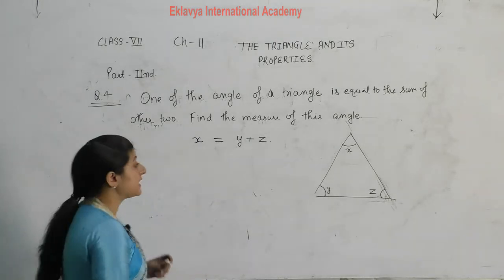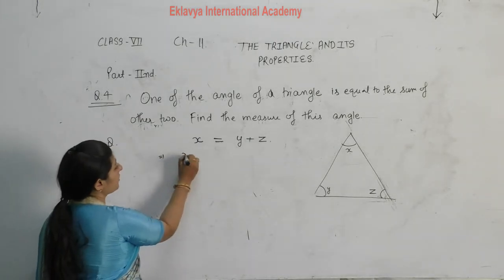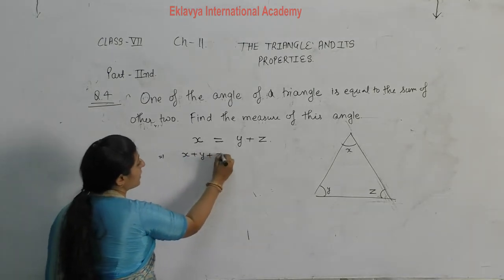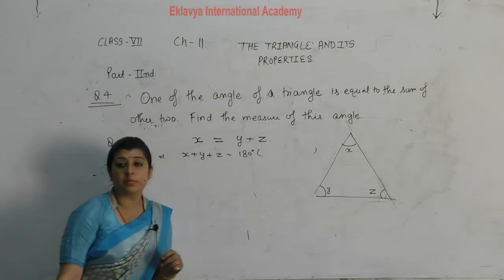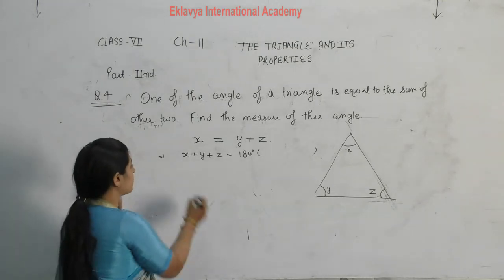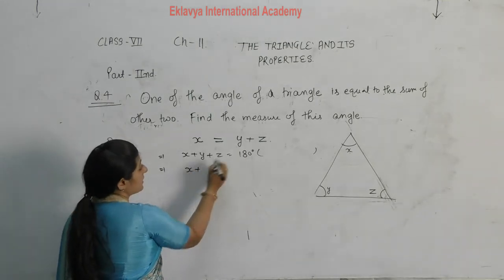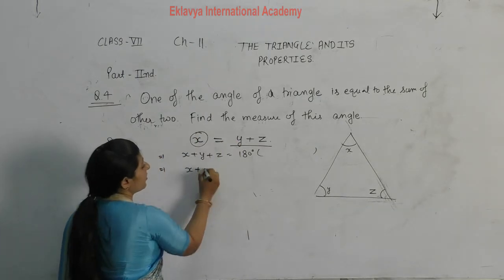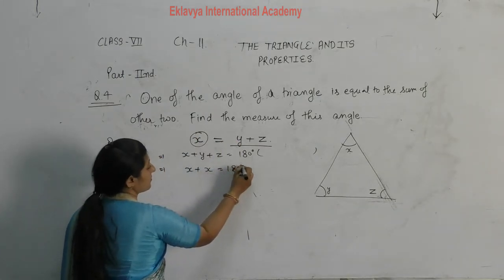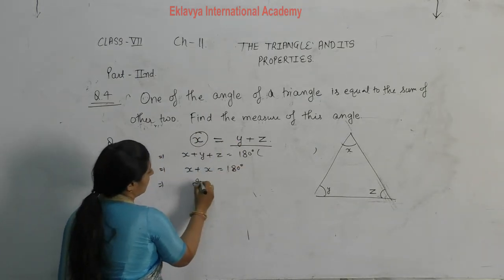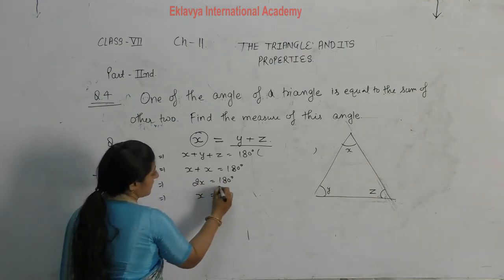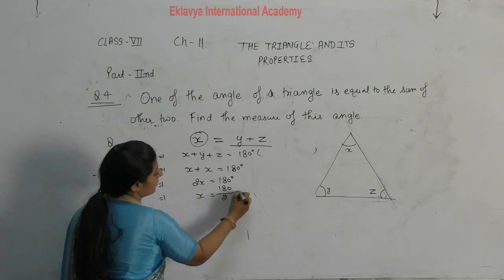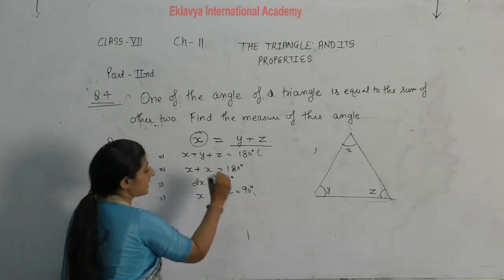Now we will apply the angle sum property, that we know the sum of all the angles is equal to 180 degrees. Give the reason also: angle sum property of a triangle. This y plus z is also equal to x, so 2x is equal to 180 degrees. x is equal to 180 divided by 2, that is equal to 90 degrees.